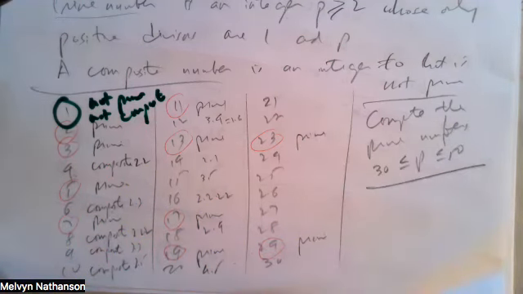So what are the prime numbers between 30 and 50? What's the first prime number between 30 and 50? What could it be?